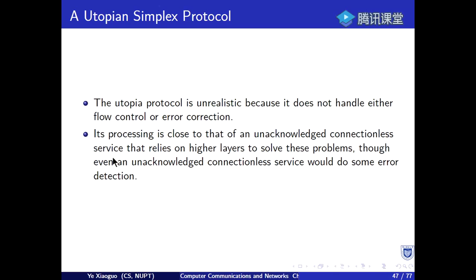Its processing is close to that of an unacknowledged connectionless service that relies on higher layers to solve these problems, though even an unacknowledged connectionless service would do some error detection.